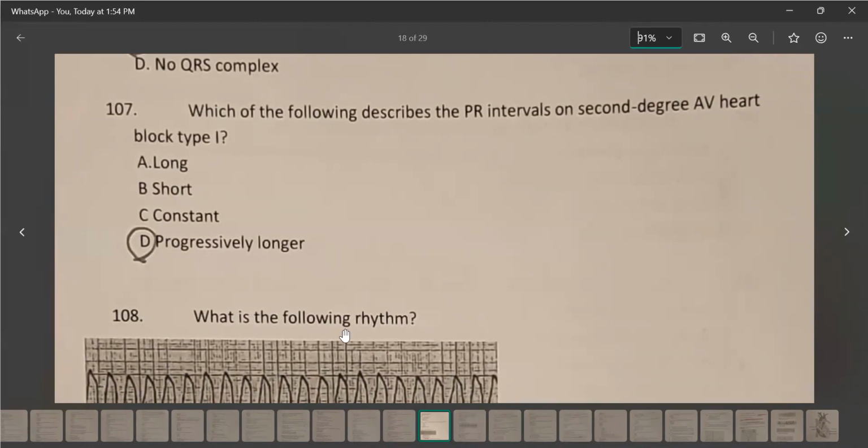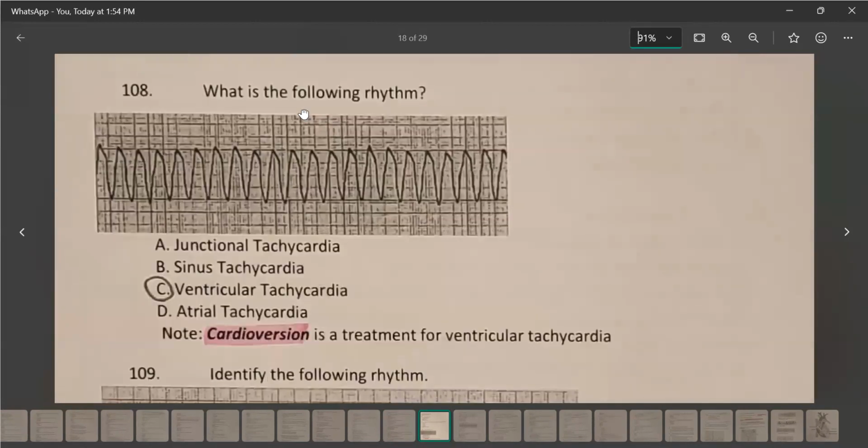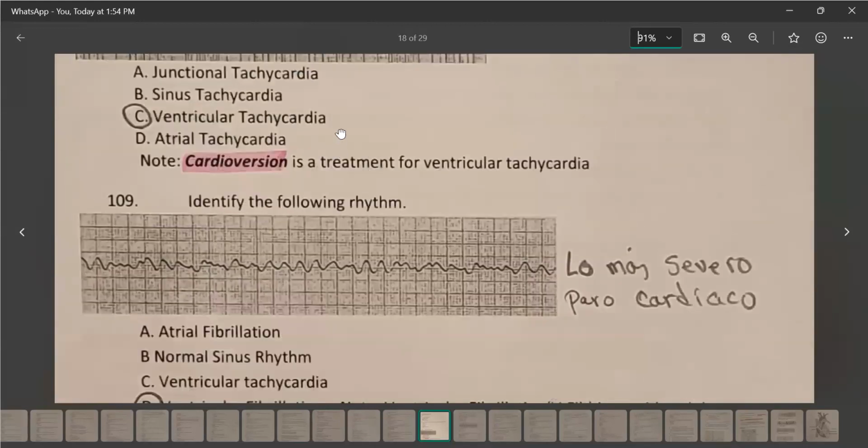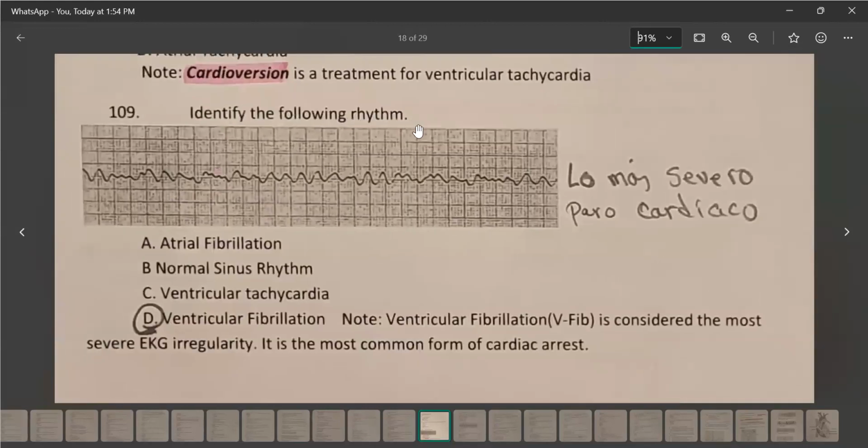Progressively longer. 108. What is the following rhythm? Ventricular tachycardia. 109. Identify the following rhythm. Ventricular fibrillation.